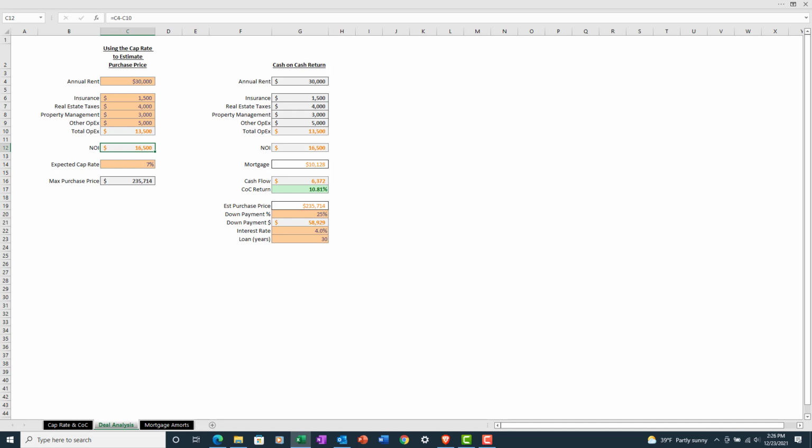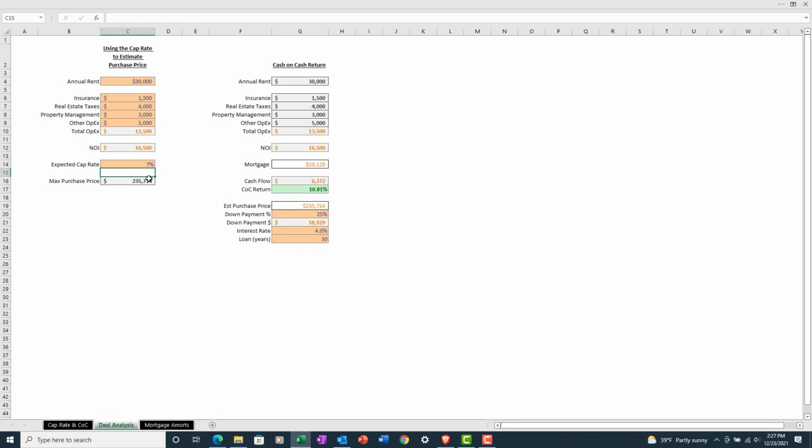If we decide that we want a cap rate of 7% or higher, then we input that here into cell C14, or 7%. And that tells us for a property performing as this one does with a net operating income of $16,500 a year, the most we should pay is $235,714.